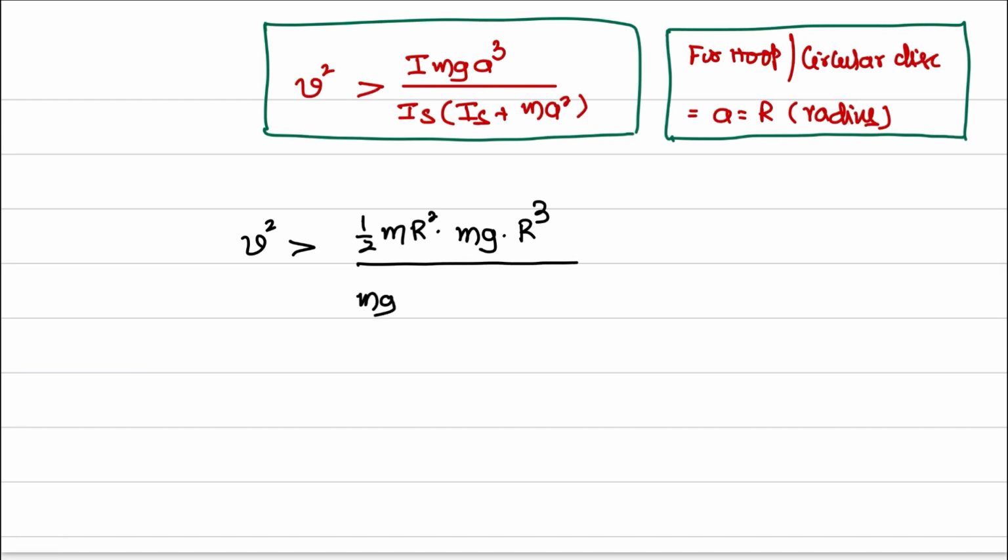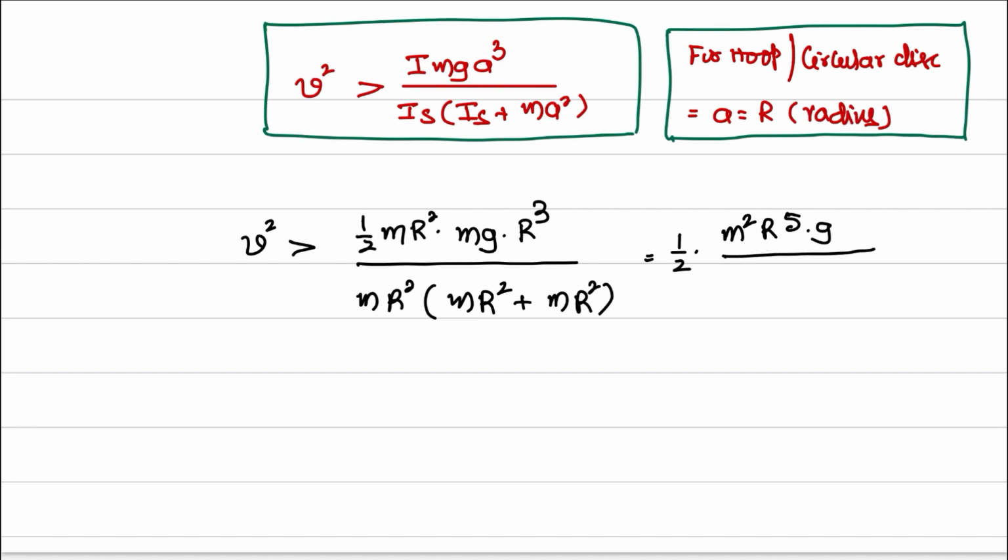Is is mr square plus mr square, into Is plus m a square, with A as R. This will be half into m square r to the power of 5 into g, whole divided by mr square into 2mr square.